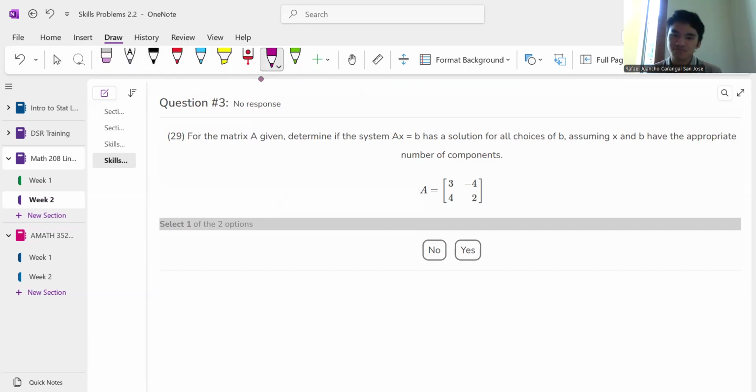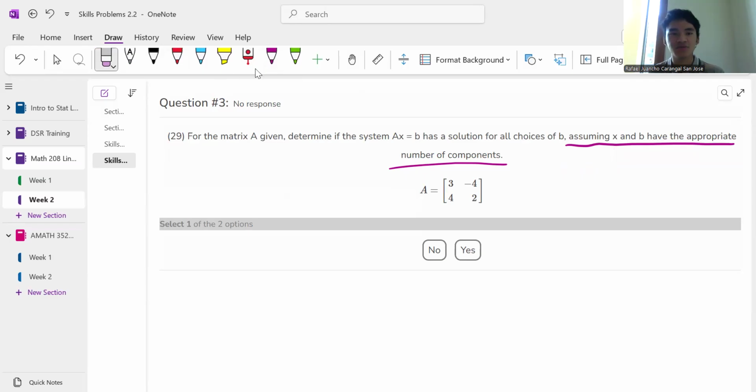Well, it means that, okay, maybe this is just an assumption of mine, but X is probably a vector, right? That has two components, and B is the same thing.